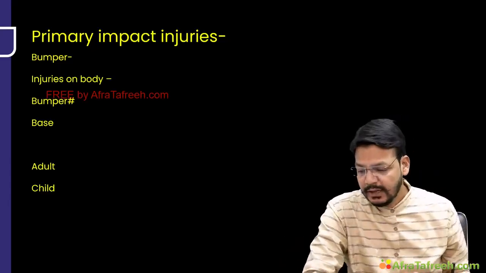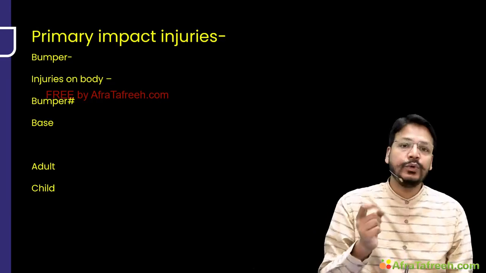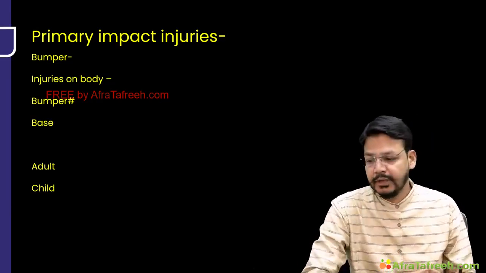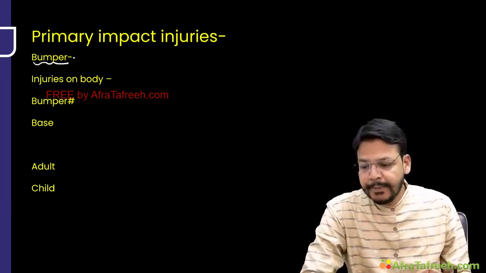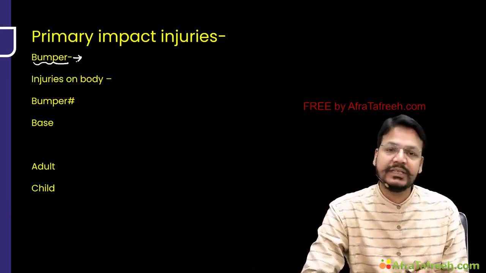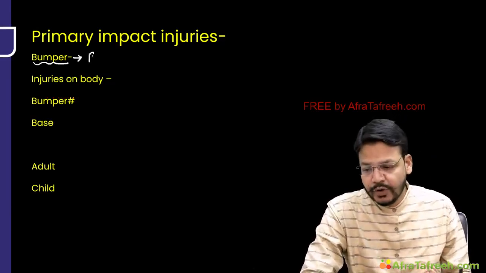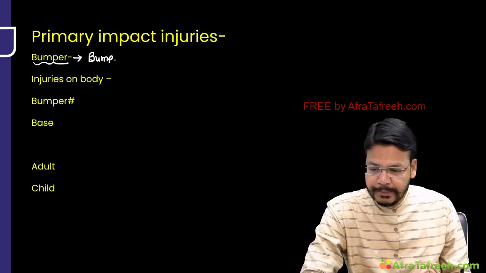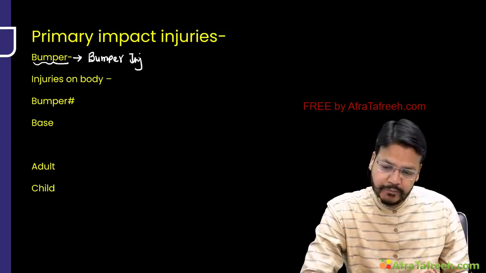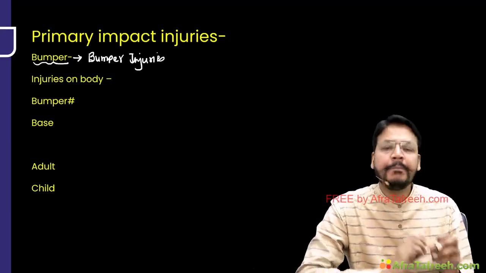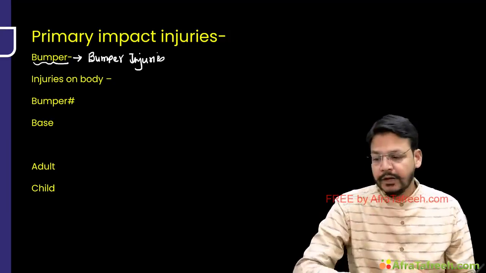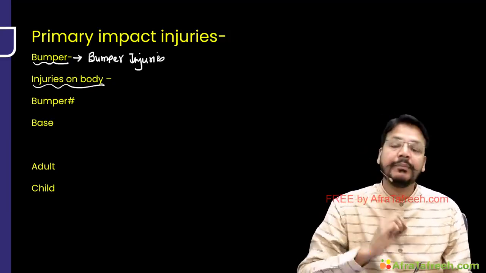Now, sir, we'll discuss primary impact injury. As I told you, the first contact with the vehicle. Sir, mostly the bumper part of the vehicle produces this injury. That's why most common injuries are bumper injuries, because the bumper part hits your body. Now, what are the injuries on the body by bumper?